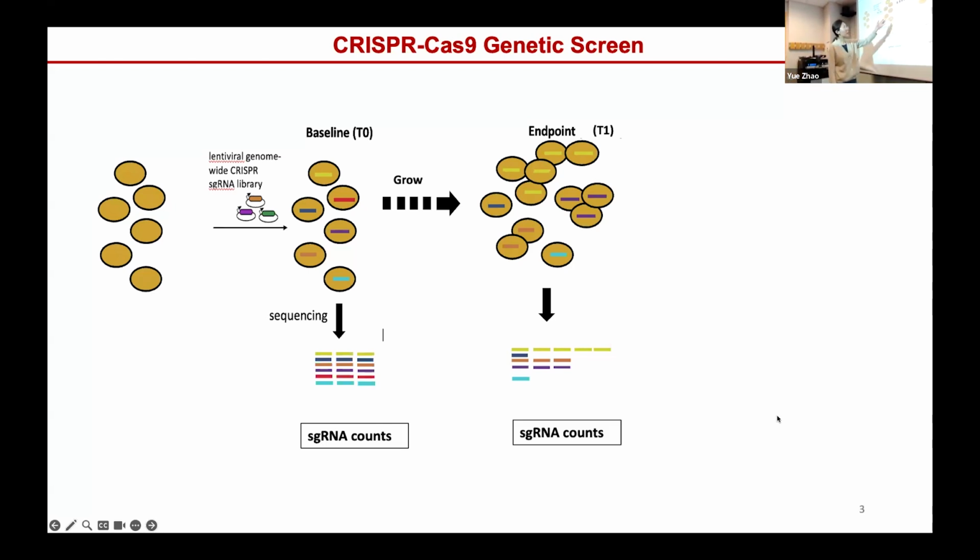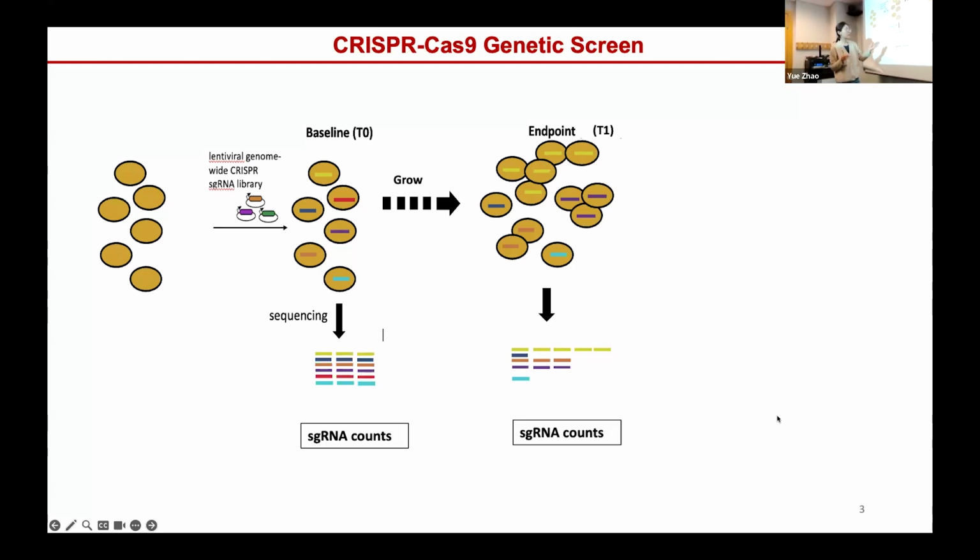After a few weeks, usually after 3 or 4 generations, we collect the endpoint sample and also extract the DNA and send it to sequencing. Then we compare the guide RNA read counts in these two samples. Here, each guide RNA read count represents one cell.